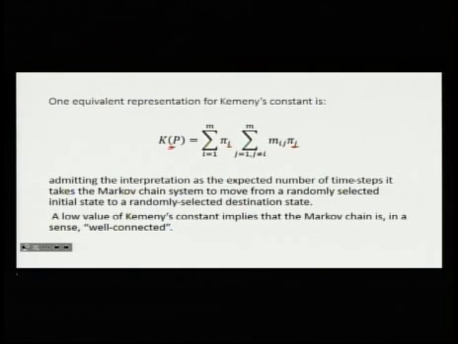And in any case, it's still going to be this constant number k. And so a low value of Kemeny's constant means that the underlying digraph is in a sense well connected. You only need a few steps to reach your destination, so to speak.